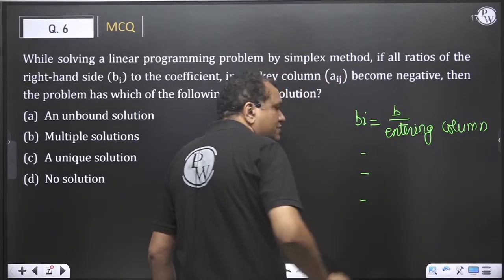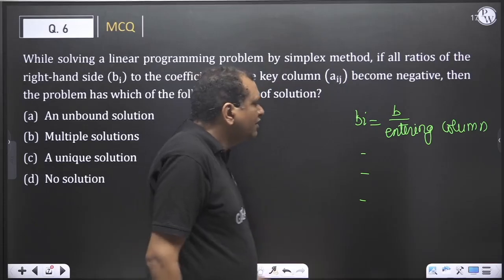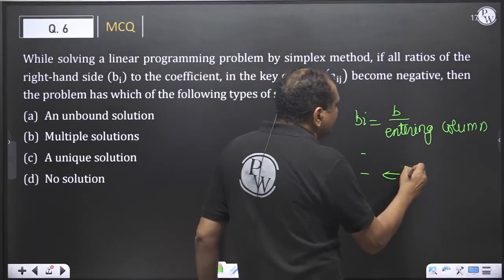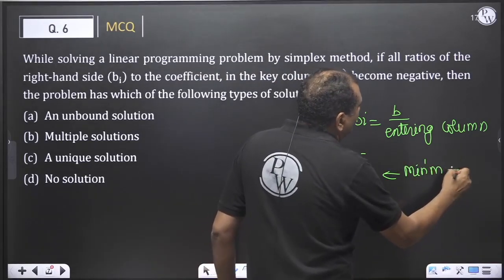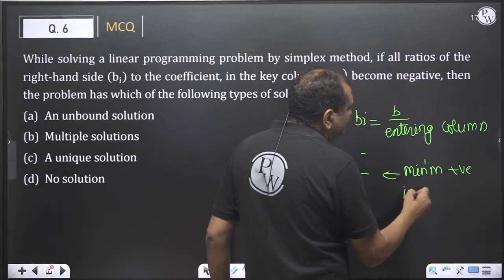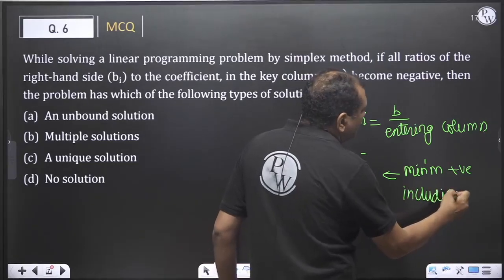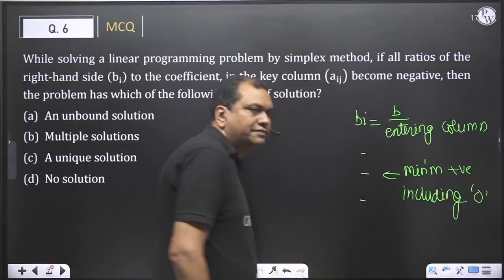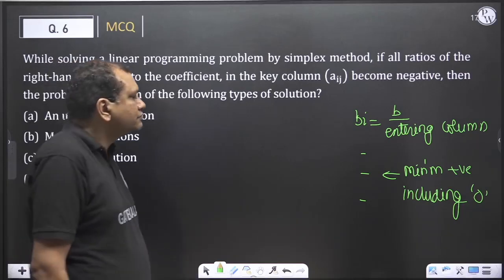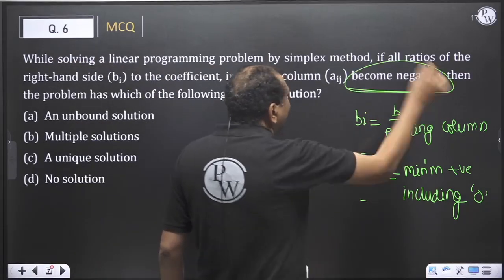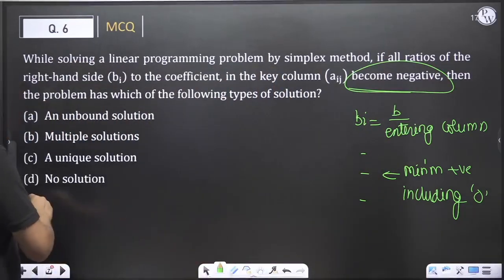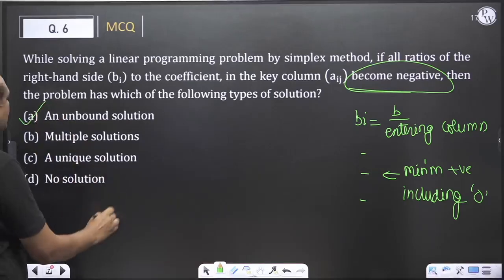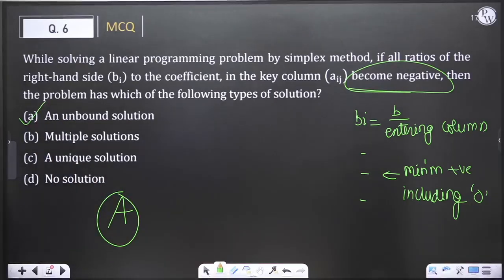There are some values and we select minimum positive, including 0, correct? But if all the values are negative, it is unbounded solution.